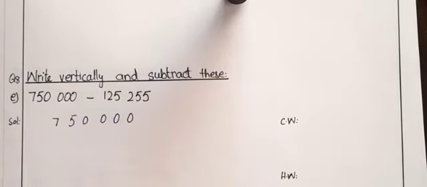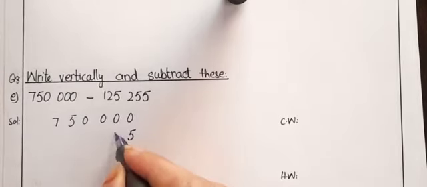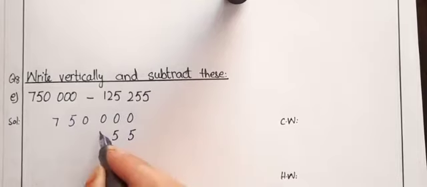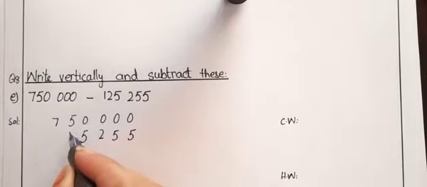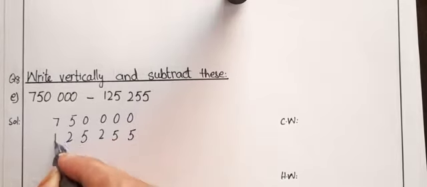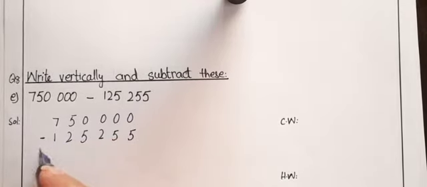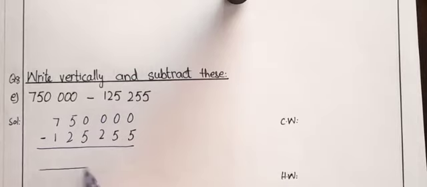Okay, that's the number. And from the right hand side, 5, 5, 2. Now this 5, this 2 and this 1. What is the sign? That is of subtraction.